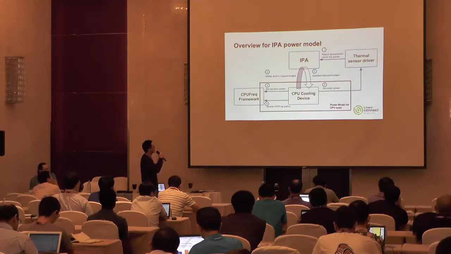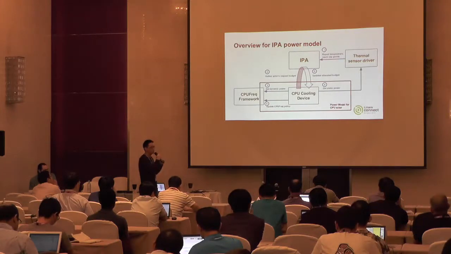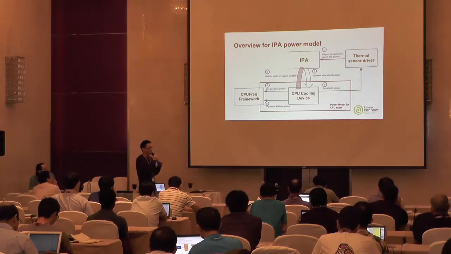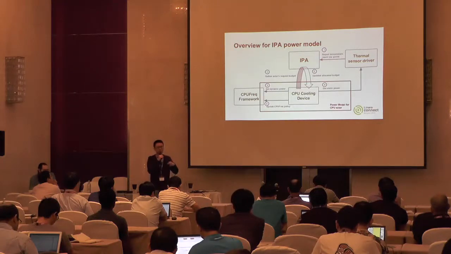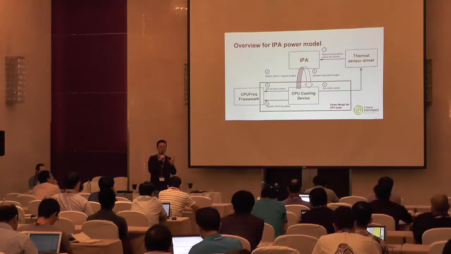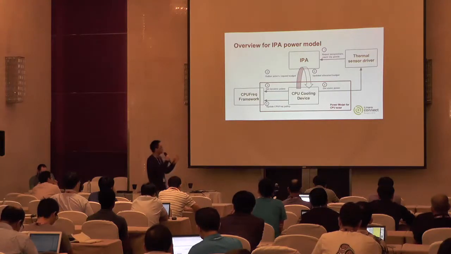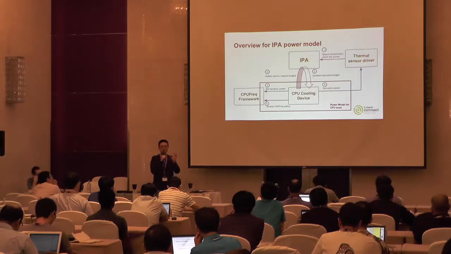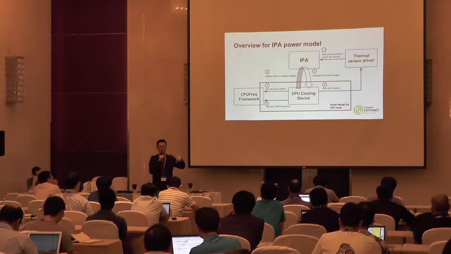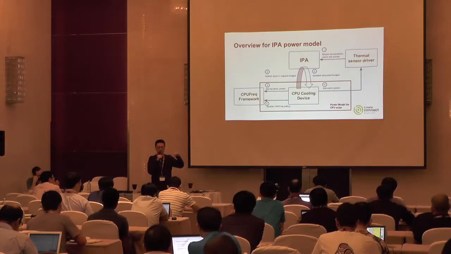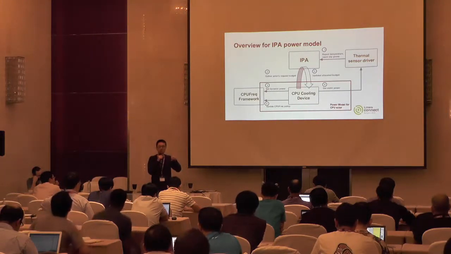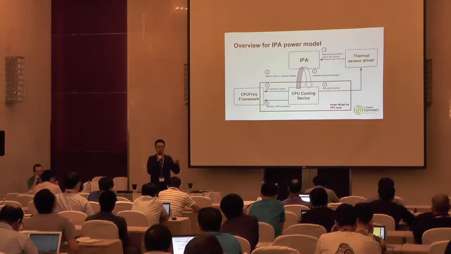For IPA power modeling, the global framework has the thermal driver. The thermal driver reports the SoC temperature to the thermal framework, so the thermal framework gets to know the temperature. If the temperature has reached the trip point, it will capture the SoC components' power requests.